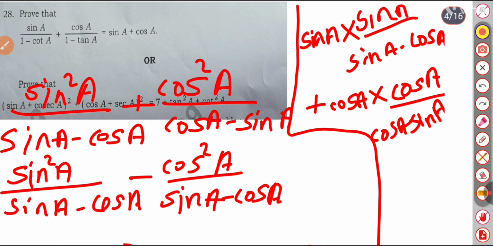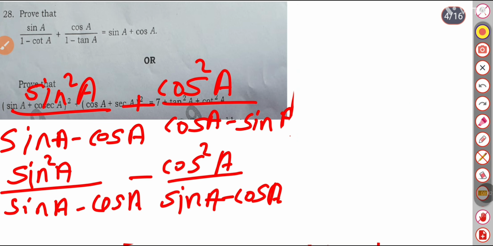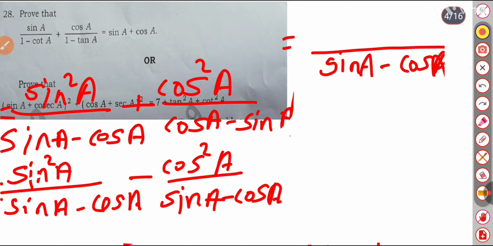So what is the next step? Everywhere the equal sign you have to put, it is compulsory. So it is equals to, everywhere the equal sign is LHS we are proving. The denominator is the same, that is sin A minus cos A, and the numerator is sin square A minus cos square A, if you find the LCM.